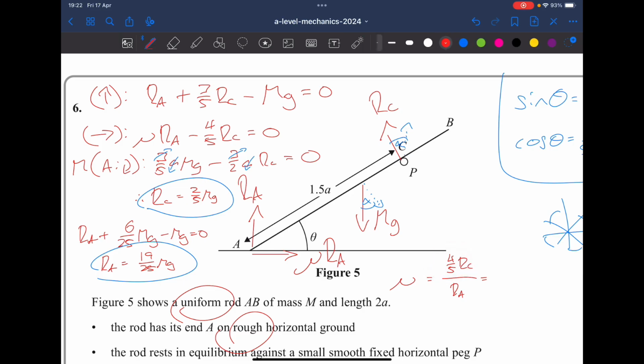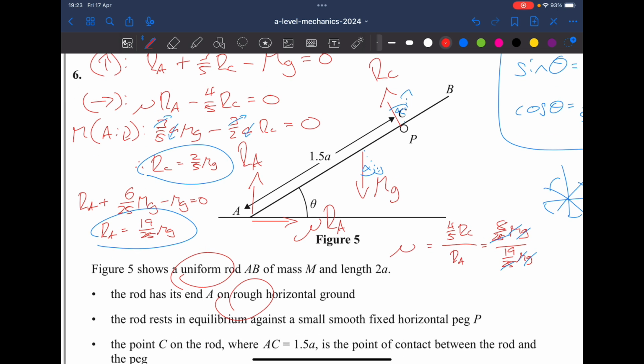So 8/25 altogether times by mg. Bottom, we just worked out 19/25 lots of mg. Now lots of bits are going to cancel. Goodbye m, goodbye g, goodbye m, goodbye g, goodbye 25th, goodbye 25th. What we're left with is just an 8/19. The fact that everything cancelled off there again, good sign everything's correct.